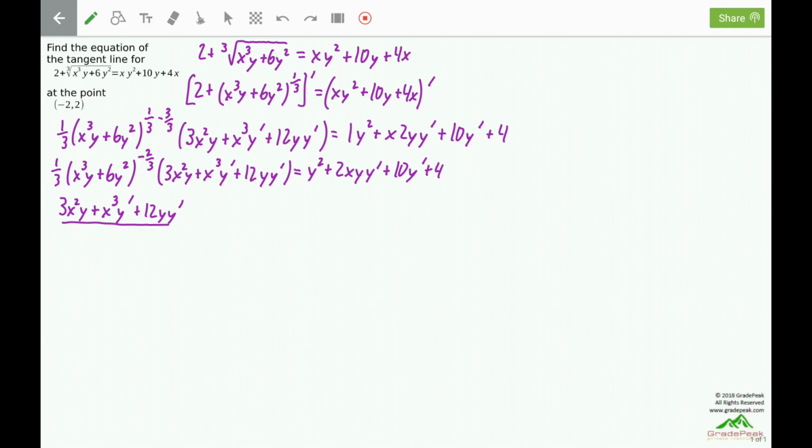There's a 3 already in the denominator due to the 1/3. And we will have the x cubed y plus 6y squared, now raised to the positive 2/3 power. And then the right side we can leave as is.